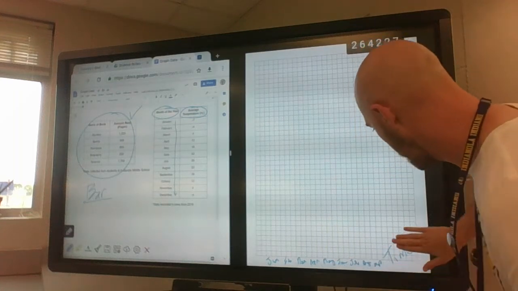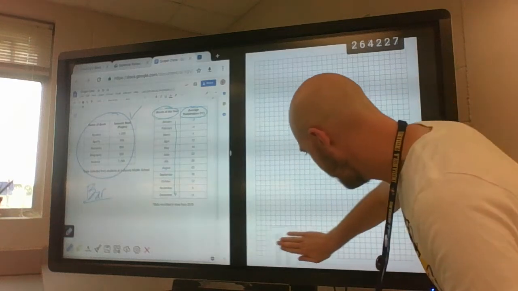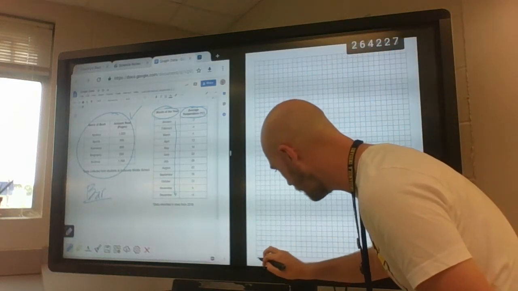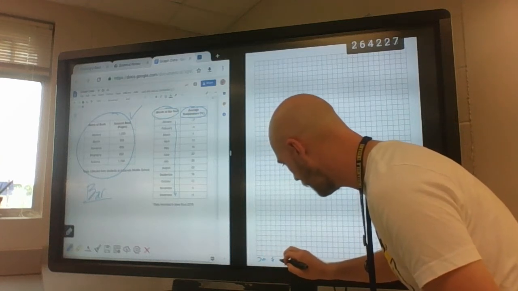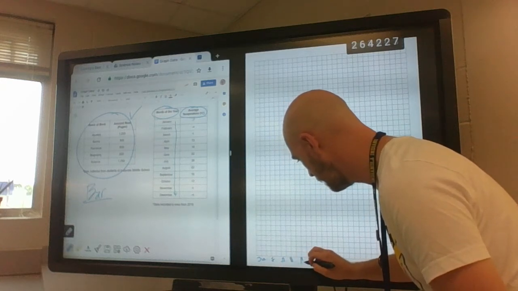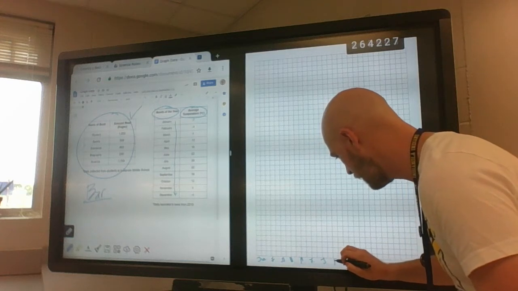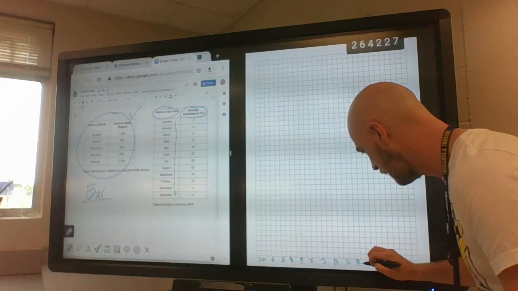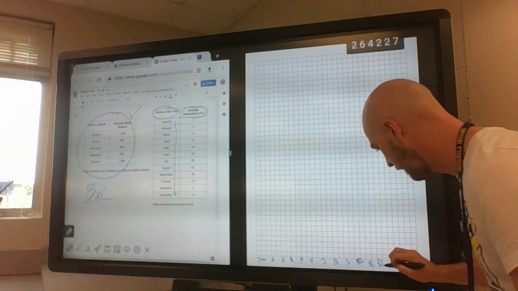September. I might run out of room here, so I'm going to erase this and try it again real quick. So we should have January, February, March, April, May, June, July, August, September, October, November, December.